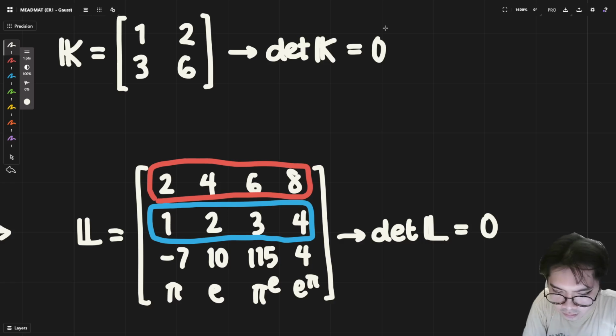Matrix A is a 4 by 4 matrix: 2, 4, 6, 8, and then 1, 2, 3, 4, and then negative 7, 10, 115, 4, and then pi, e, pi raised to e, and e raised to pi. Okay, let's try and get the determinant for this thing now. Number 3, determinant.